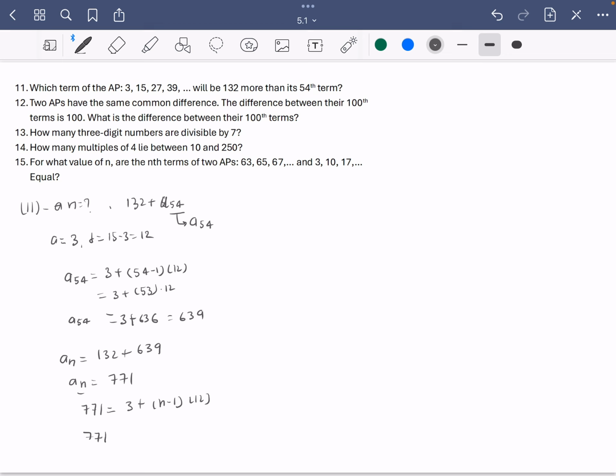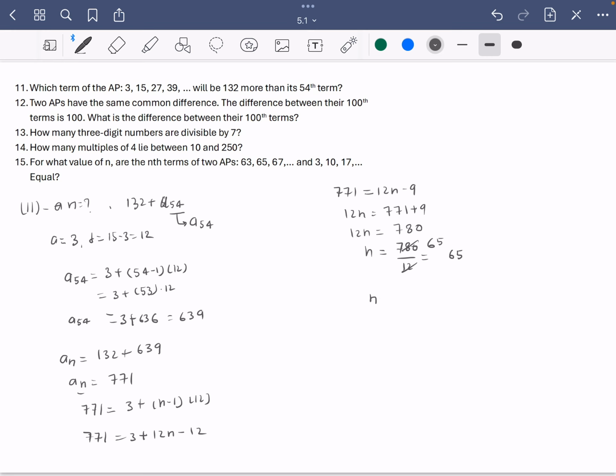So 771 is going to be 3 + 12n - 12. Solving it over here, 771 is going to be 12n - 9. 12n is going to be 771 + 9, so 12n is going to be 780. n is going to be 780 over 12, which is 65.